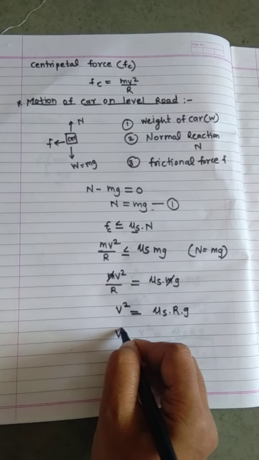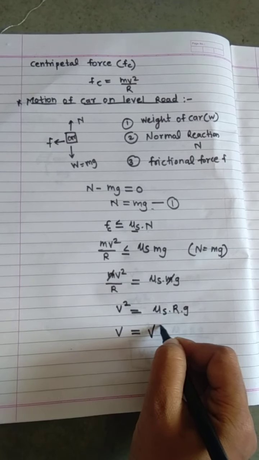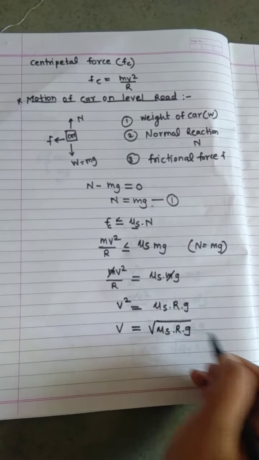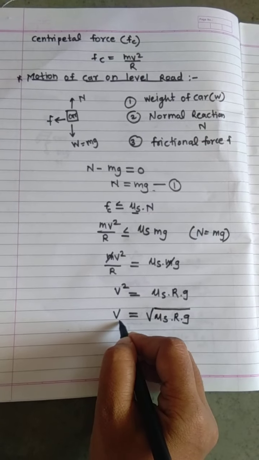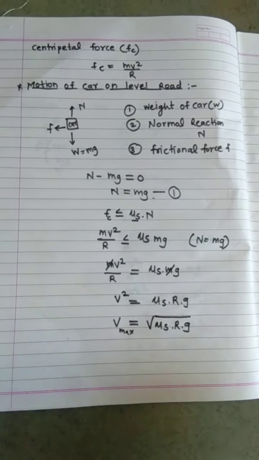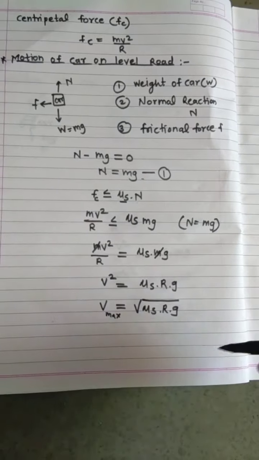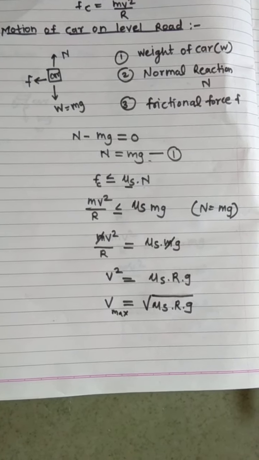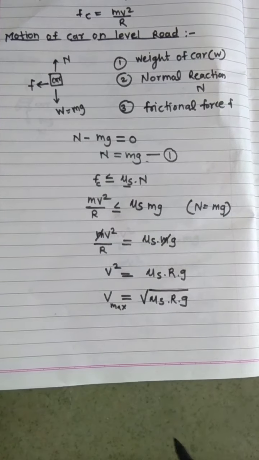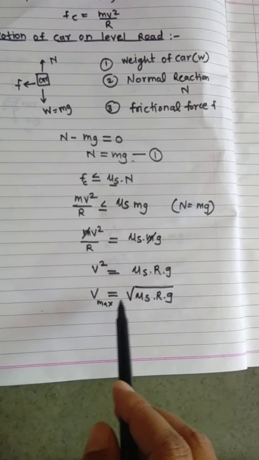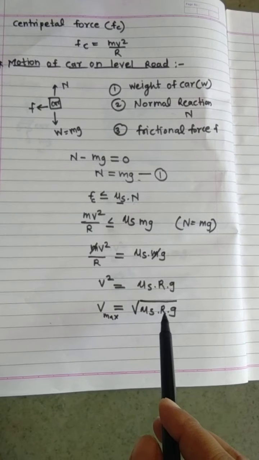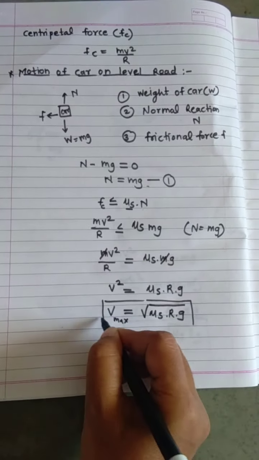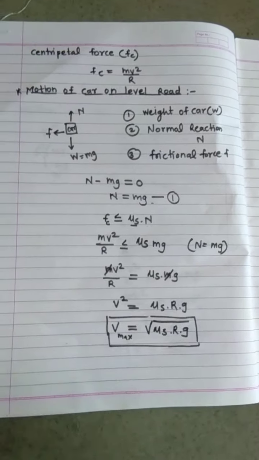So we can write v is equal to the root of mu s R g. This is the equation we have got, and it is known as Vmax. Vmax means the maximum speed of circular motion of a car, and Vmax is equal to the root of mu s into Rg. So that is the derivation of the motion of a car on a level road.